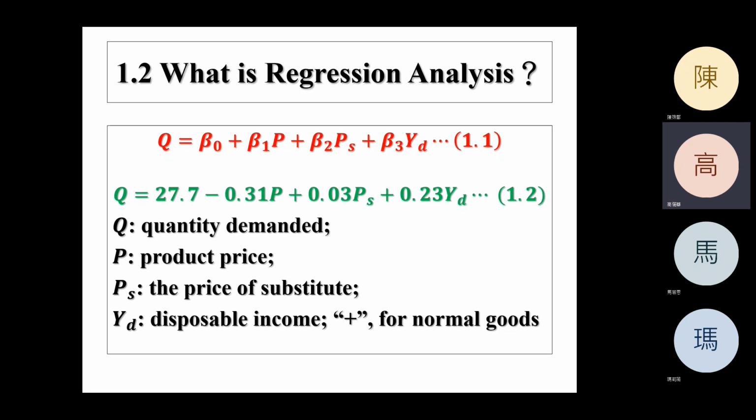So demand is a function of product price, price of substitute, and disposable income. Do you understand what I'm saying here? Whatever is on the left-hand side is called the dependent variable, and the right-hand side is called the independent variable, or explanatory variable.